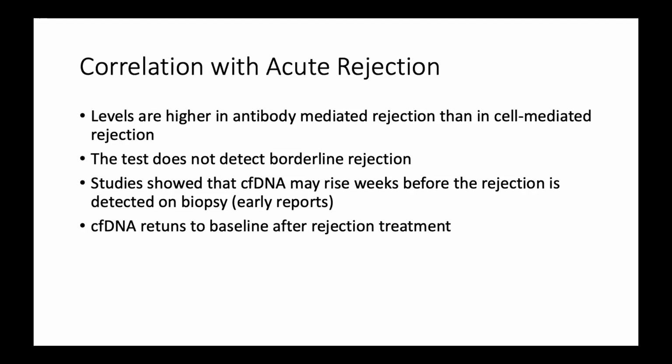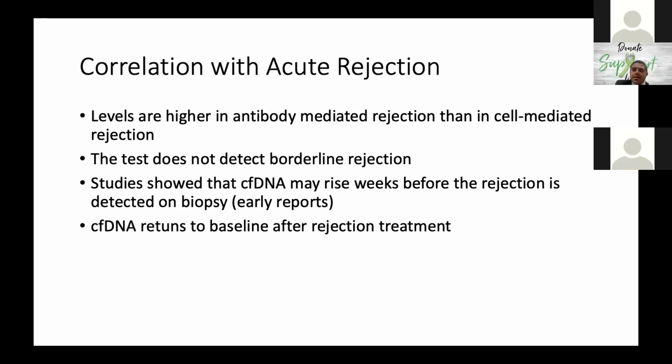So they found that when the organ is undergoing antibody-mediated rejection, the damage is higher, and therefore it releases more cell-free DNA than if the organ is being attacked with cells. But in all honesty, the test does not distinguish between an antibody-mediated rejection or cell-mediated rejection.